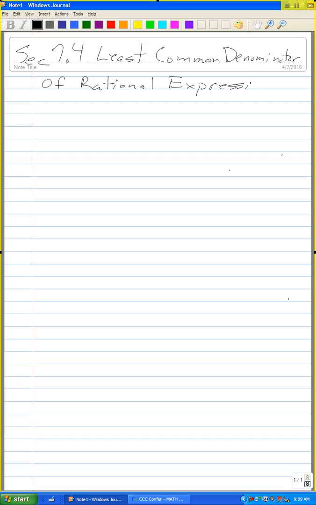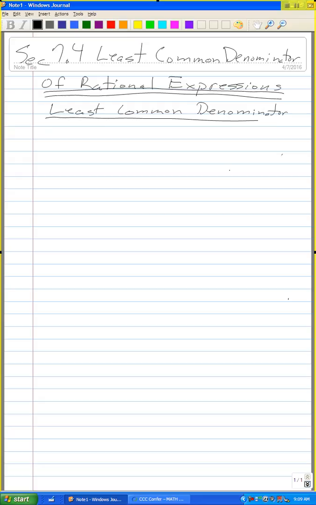So, the least common denominator, usually denoted by LCD, is the same as the least common multiple of the denominators.